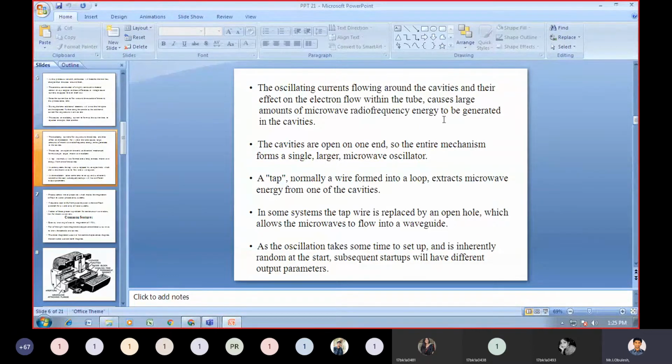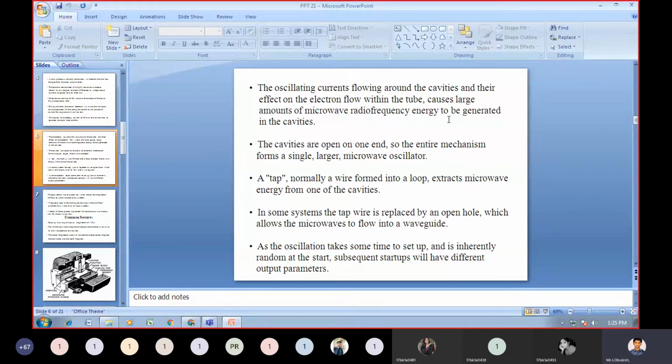A tap, normally a wire formed into a loop, extracts microwave energy from one of the cavities.